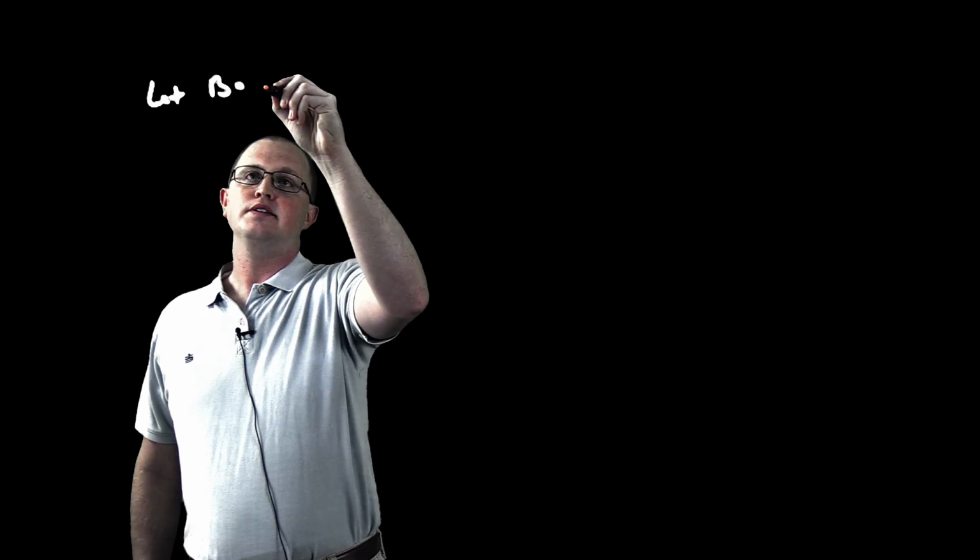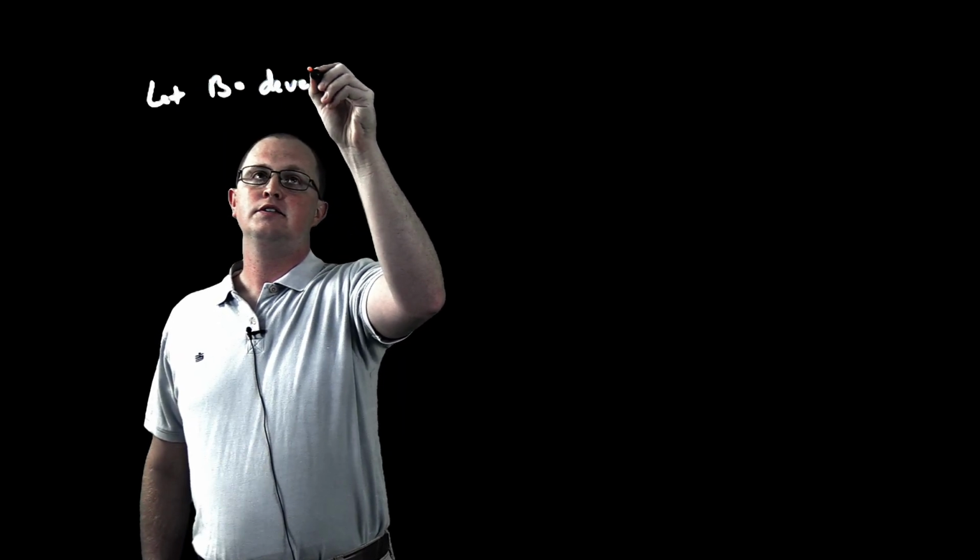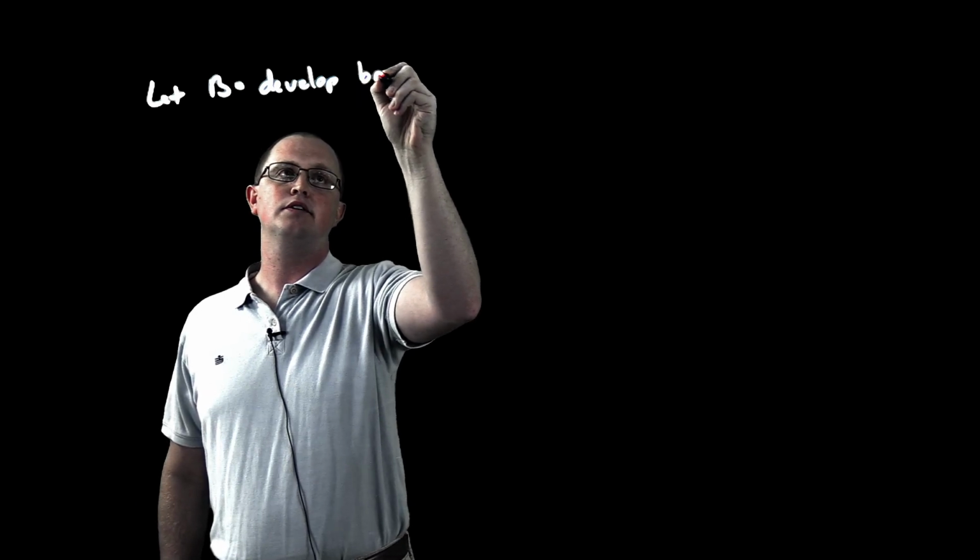Okay, so some studies have shown that for women who live to be at least 90 years old, they have a 1 in 7 chance of developing breast cancer. So let's let B be the event of develop breast cancer.